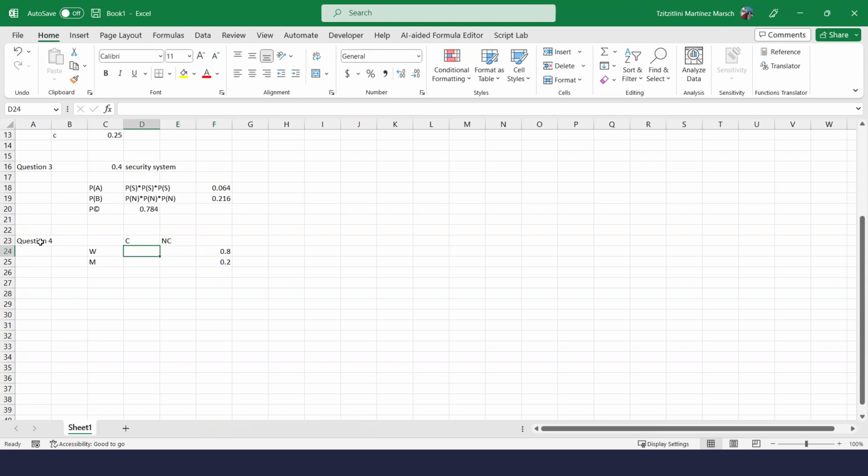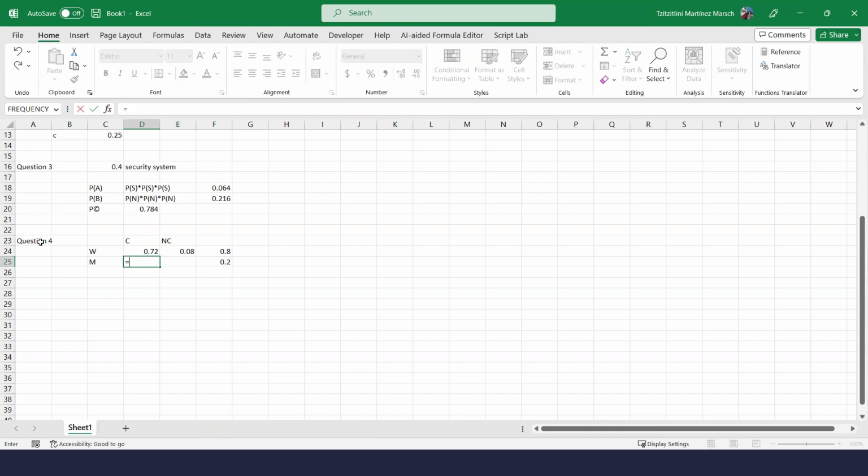We also know that 90% of the women went to college, so 0.9 times 0.8 gives us 0.72 who went to college, and the rest didn't. If we take 90% away from 100%, it's 10% who didn't go to college, which is 0.08.